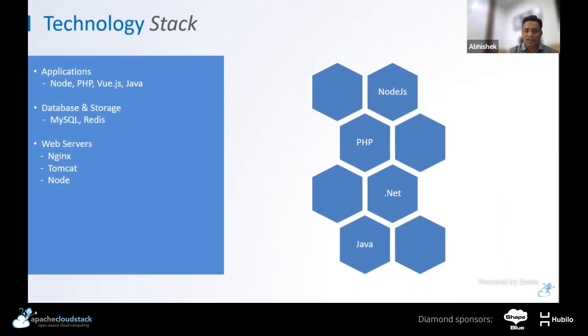And for the data stores, we use MySQL Community, and we run a mix of MySQL 5.7 and the latest MySQL 8. And we use a lot of Redis here for caching and even as a key-value data store for a lot of instances as well. And most of the servers that we run are primarily Nginx or Tomcat or custom Node-based servers.